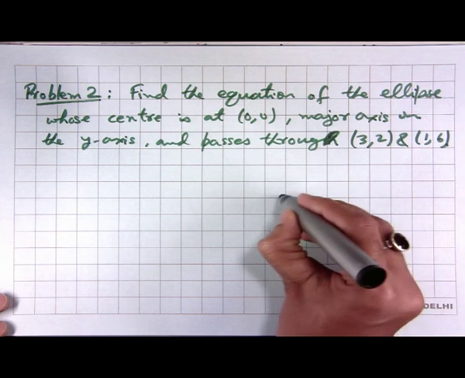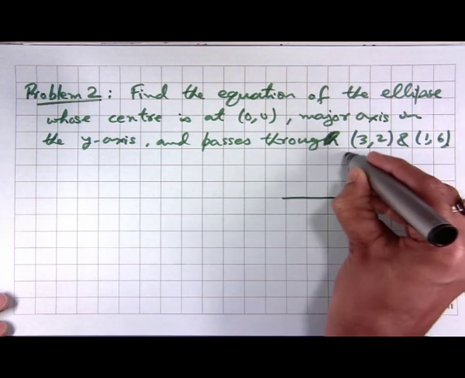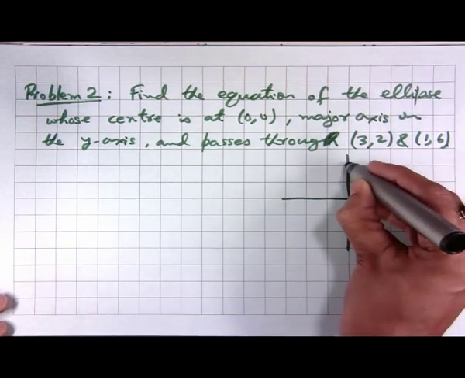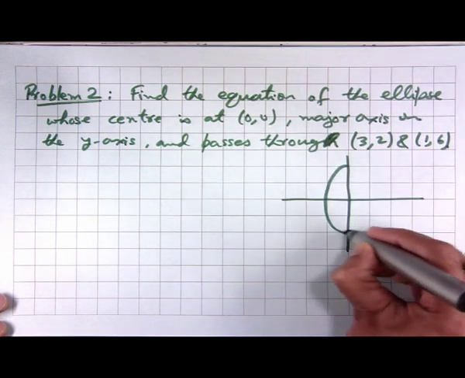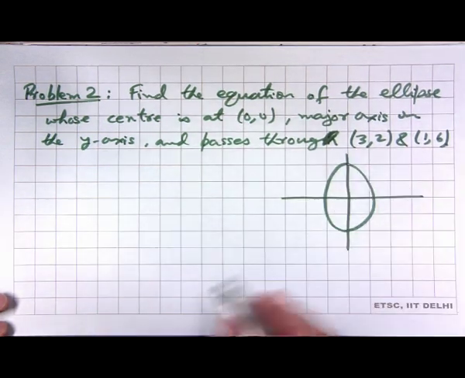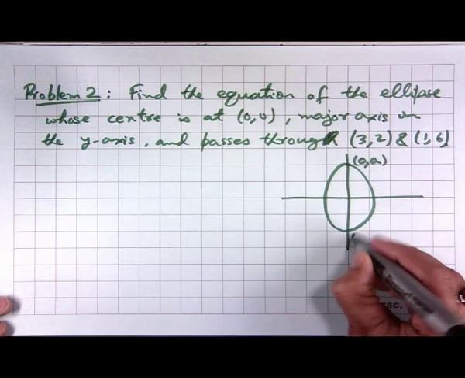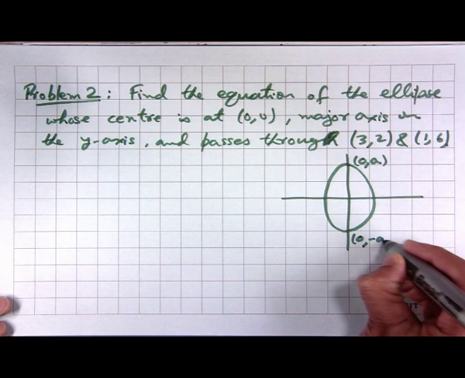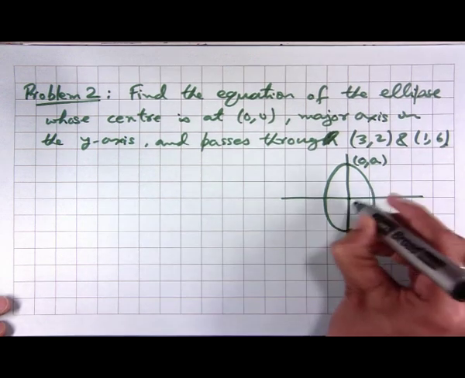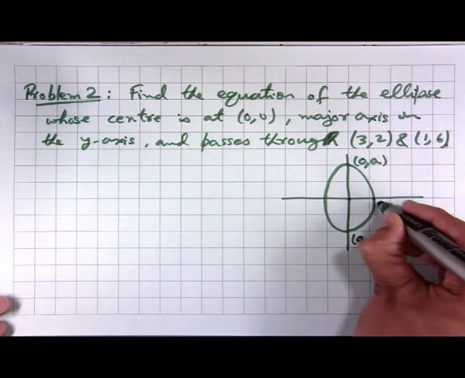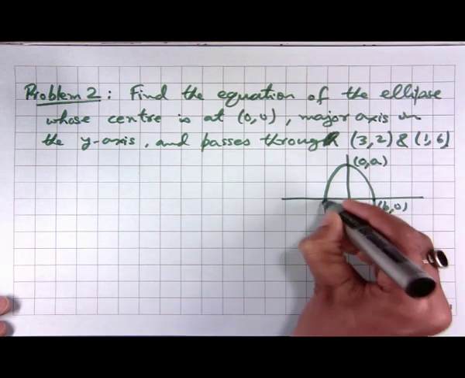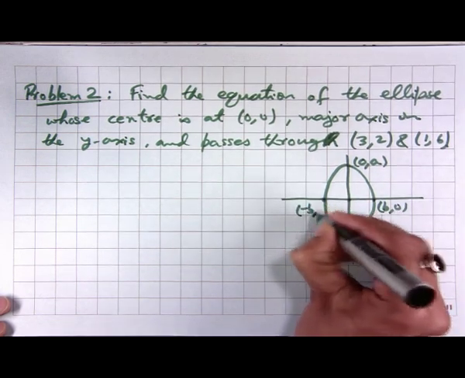So, we have this figure, the major axis is on the y axis. So, we will write (0, a), (0, -a) as the vertices, this is the origin, and this is (b, 0), (-b, 0).